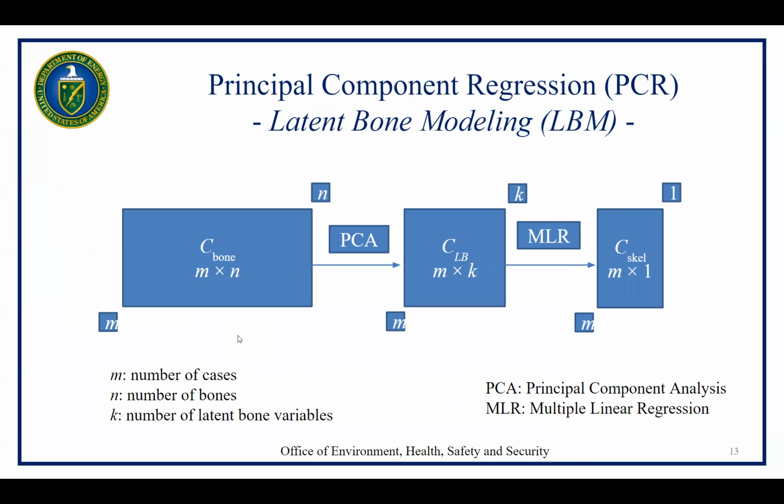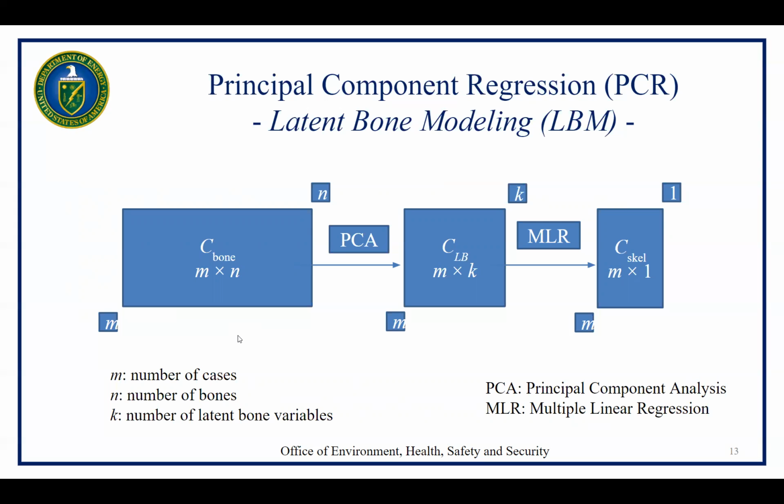The diagram shows the 2-step process of principal component regression. The first step, principal component analysis, PCA, and the second step, multiple linear regression, MLR. The original data matrix, C-bone, has 19 whole body cases as rows and 90 individual bones as columns.